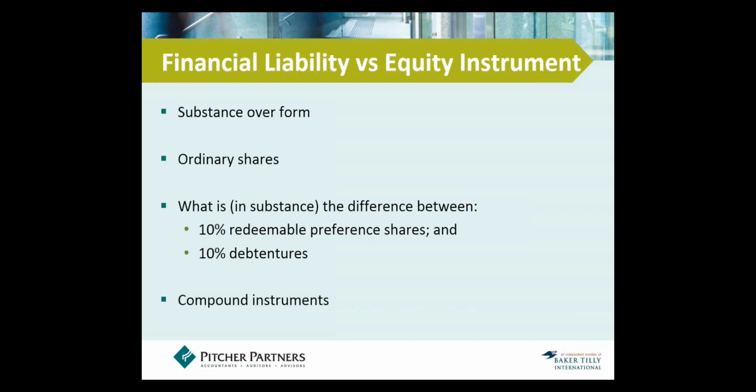I don't know how I've spelled that, debentures. There's an extra T in there. I just noticed it. But if you look at a 10% debenture, there's a 10% interest. And also, let's say in 5 years' time, the capital amount will be repaid. So if you look at those two, a 10% redeemable preference share and a 10% debenture, both carry interest or dividend at 10%.